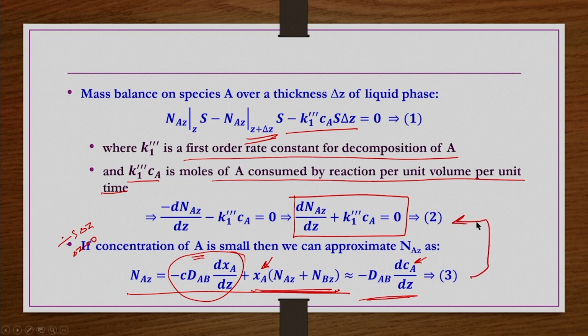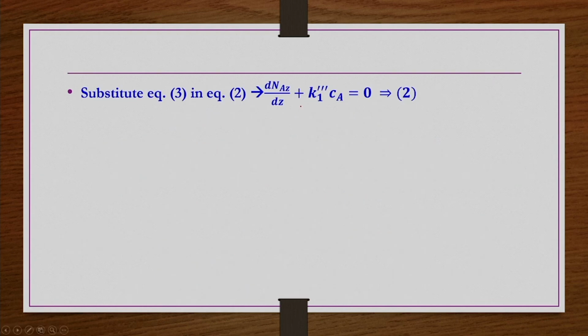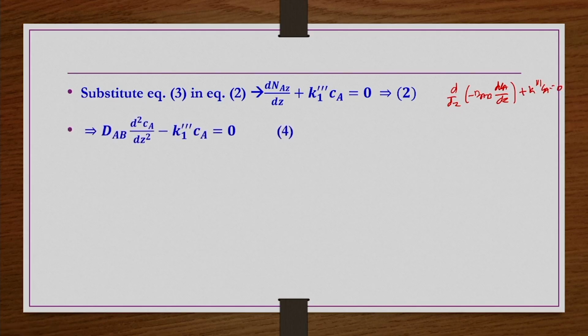If you substitute that in this equation, we have d by dZ of minus DAB dCA by dZ plus K1 triple prime Ca equals 0. So minus DAB d square Ca by dZ square plus K1 triple prime Ca equals 0.